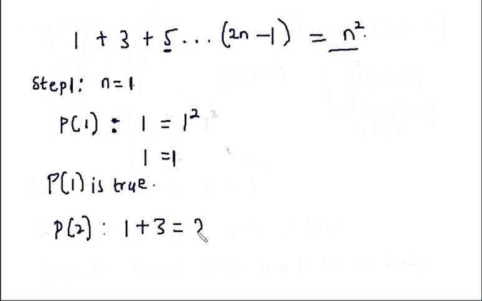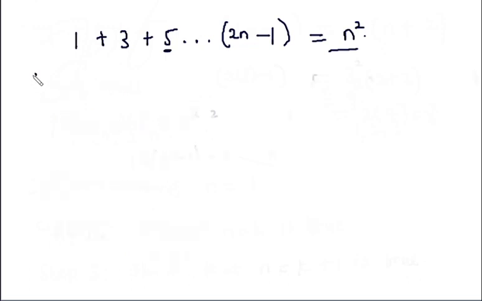So 1 plus 3 is 4, and 2 squared is 4. So we've shown that P of 1 is true, and this one is just an attempt to show you that P of anything could be true, but it has limits. So you need to do your next step to make sure that it's correct for all natural numbers.